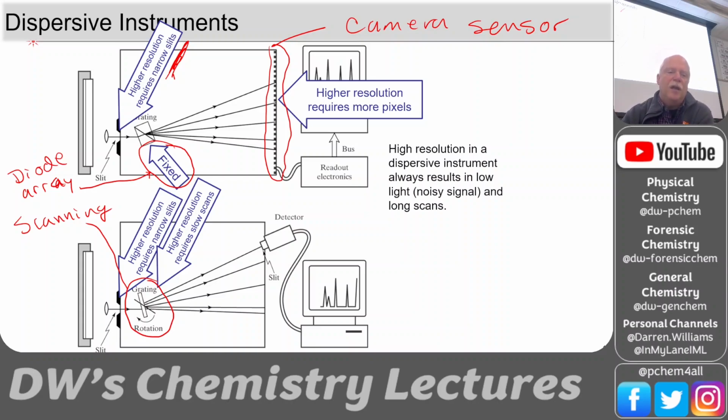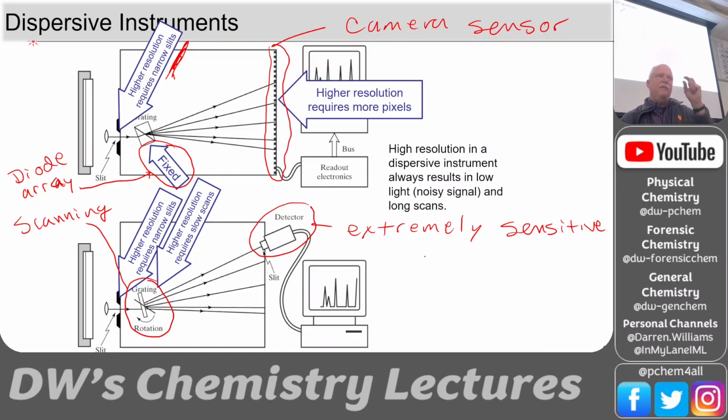Okay. Now for a scanning instrument, notice we have a really sensitive detector, which means it can see very minuscule amounts of light. And so we can narrow the slits way down. We can have a noise-free spectrum, but it's very slow.